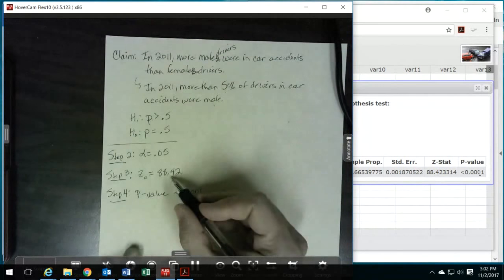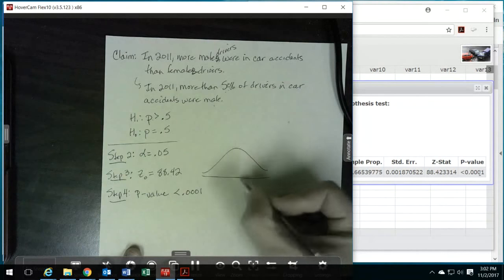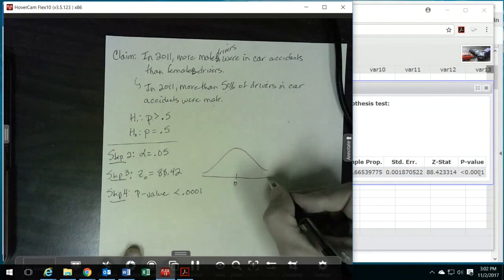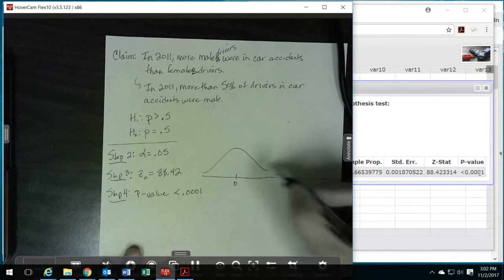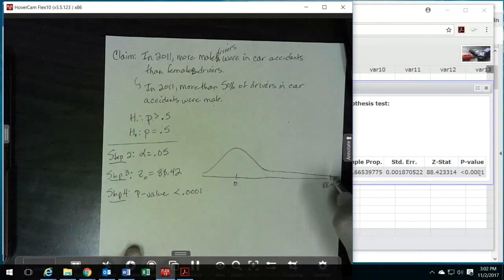And if you think about this, if we were figuring out our p-value by hand, we'd have our picture here of our standard normal distribution. This test statistic of 88.42 is way, way over here. So it's not surprising that the p-value is really small, because this is going to be a super small number.